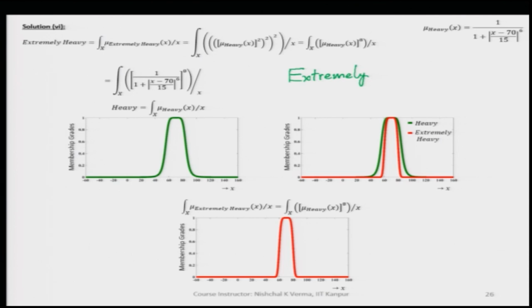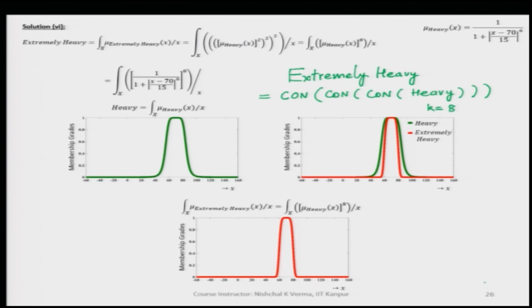So, extremely heavy can be simply the concentration, and then concentration, and then concentration of heavy. This means 3 times concentration of heavy, and this is a normal concentration. It means the final value of K is going to be 8.